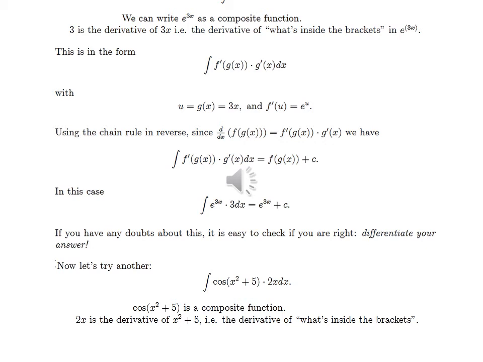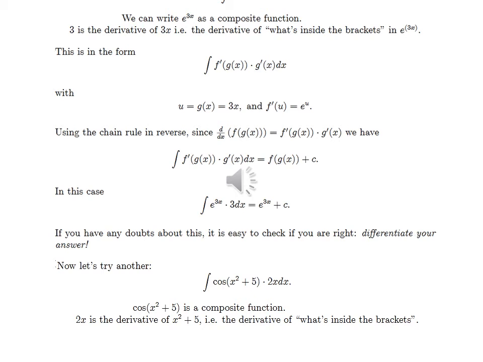In this case, the integral of e to the power 3x multiplied by 3 dx equals e to the power 3x plus c. If you have any doubts, it is easy to check if you are right: differentiate your answer.